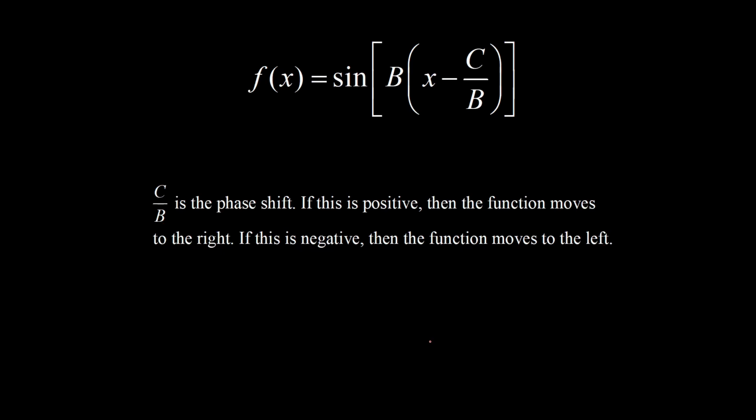So this controls where the function is situated. You can move it left, you can move it right, or you could just not move it at all. If you're not going to move it at all, then c over b must equal 0.